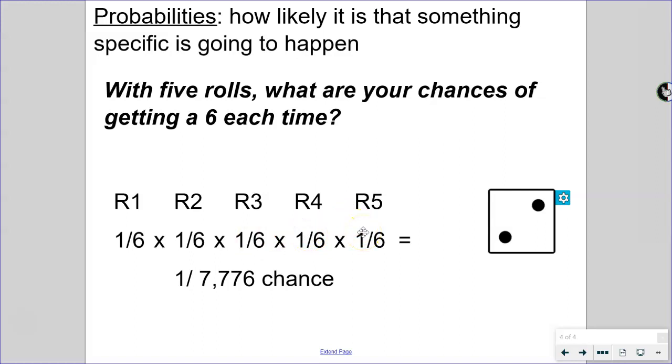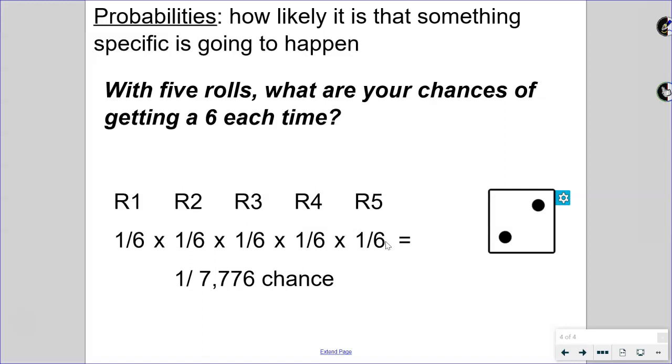But if our goal is to get a 6, and then a 6, and then a 6, and then a 6, and then a 6, the chances of that happening become significantly more difficult every time we decide to add an extra roll. So we knew that when it was just 2 rolls, we had to take 1/6 and multiply it times 1/6. We had to do it twice. But since there was a 1 in 6 chance each of those times, we have to multiply 1/6 times 1/6 times 1/6 times 1/6 times 1/6, which is the same thing, by the way.